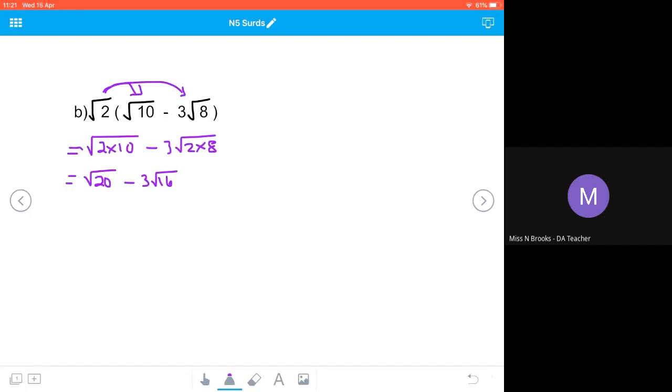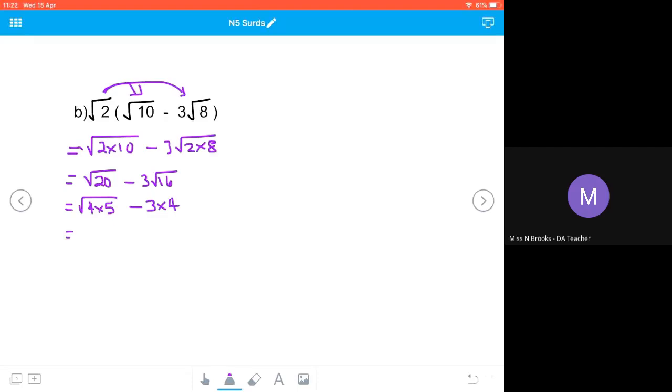Now we need to check and see if we can do any more simplifying. So root 20, we know, has the perfect square factor of 4. So we're going to rewrite root 20 as root 4 times 5. And we're going to take away 3, and we're going to multiply that by root 16, which is a perfect square, so it's times 4.